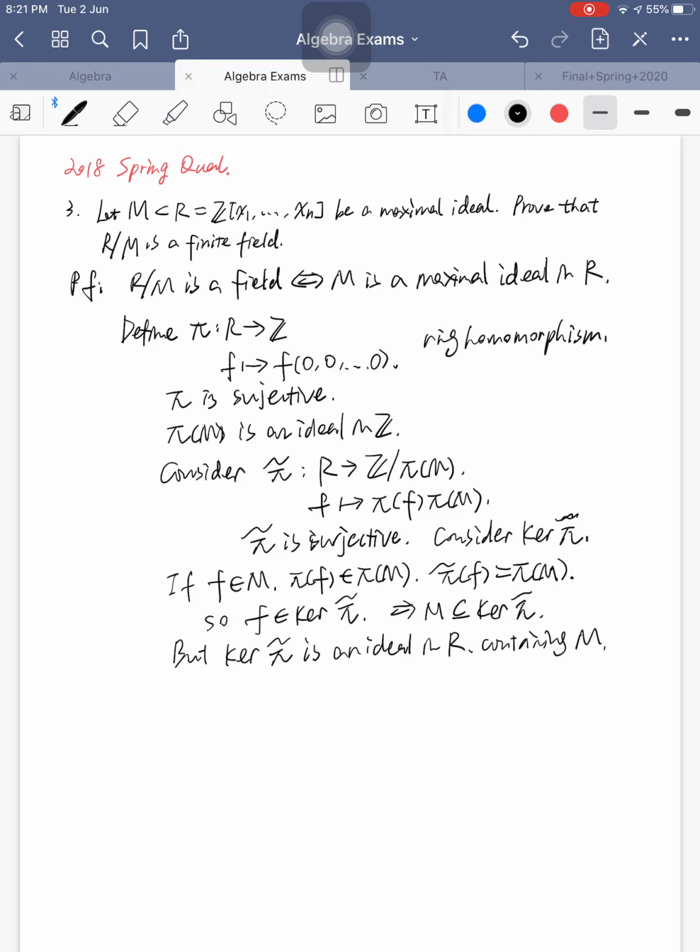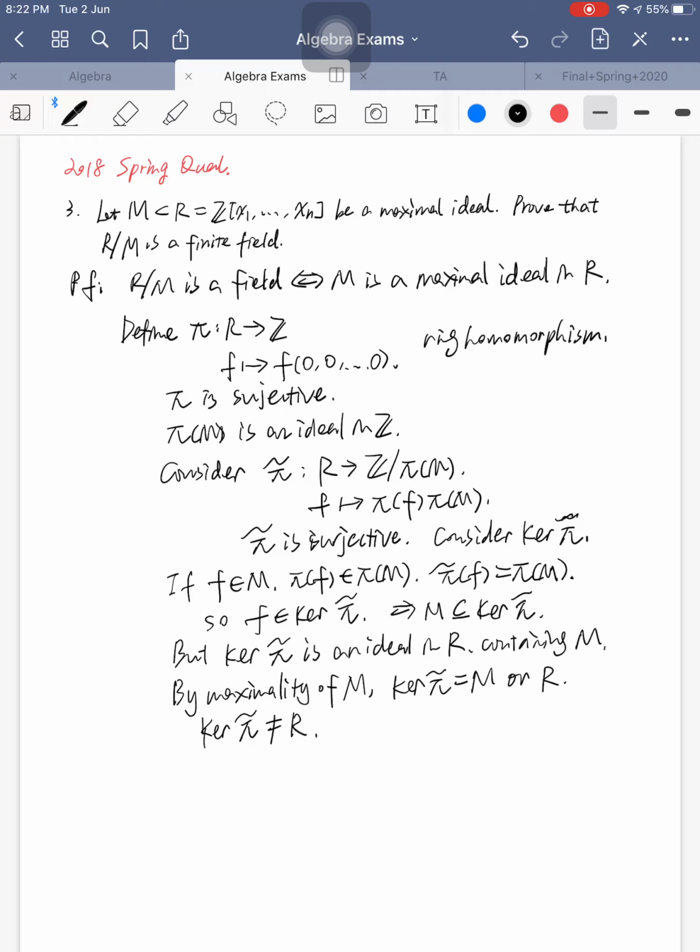So by the maximality of M, the kernel of pi tilde is either M or the whole polynomial ring. However, the kernel of pi tilde is not equal to the whole polynomial ring.